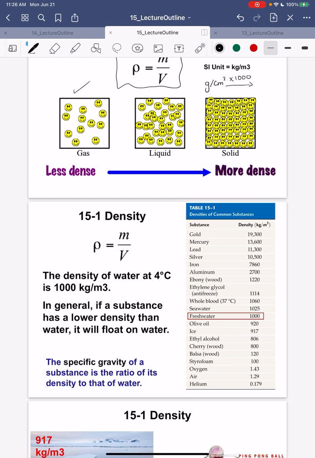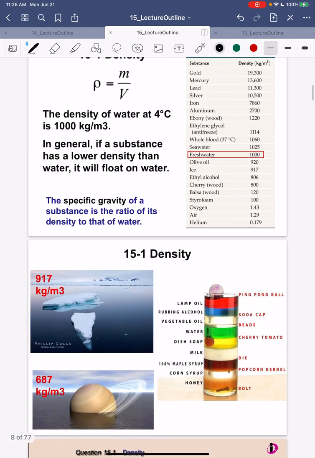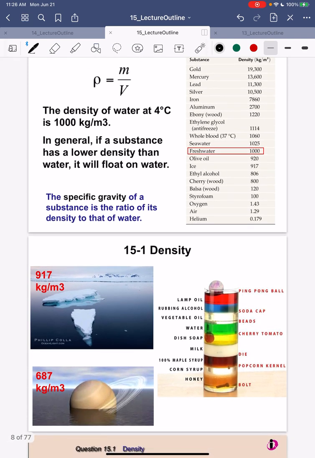In general, if a substance has a lower density than water, it will float on water. And we are going to do one of the questions and say when it is going to float or when it is going to sink. Also, there is a term that we usually use. It's a ratio. We call it the specific gravity of a substance, and it is the ratio of its density to that of water.